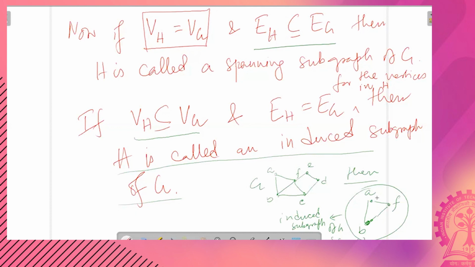So you see, ABF is a subset of all the vertices present in G. However, all the edges that are present among A, B and F in G should also be present in this induced subgraph. Okay, so this kind of subgraph is called an induced subgraph.